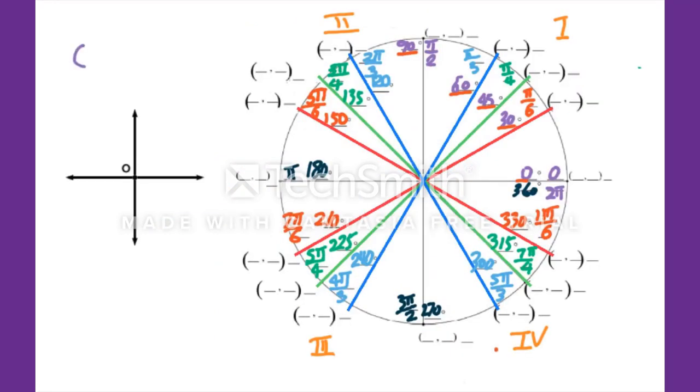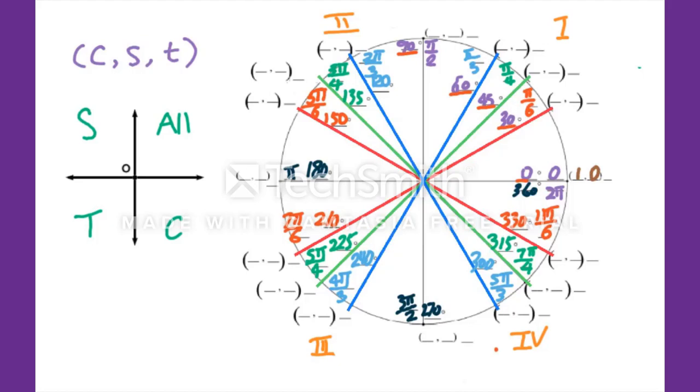We know the coordinates will be CST. And all students take calculus. So for the first quadrant, all positive, I will write down for cosine 0 equals 1.